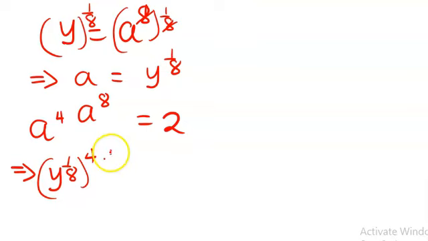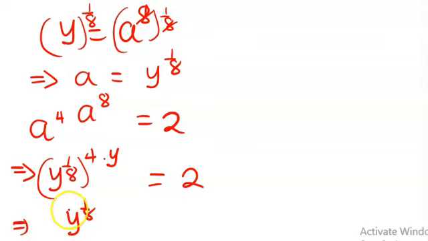So this is y, which is equal to 2. Okay, so this implies that y raised to the power 1 on 8, all raised to the power 4y, is equal to 2.